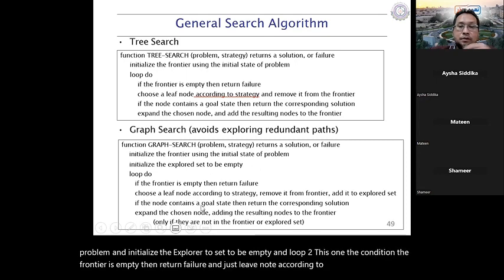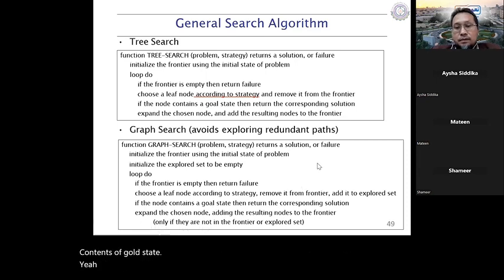If the node contains a goal state, then return the corresponding solution.